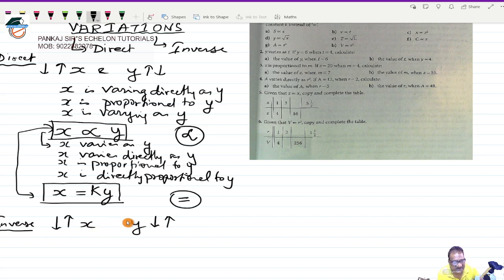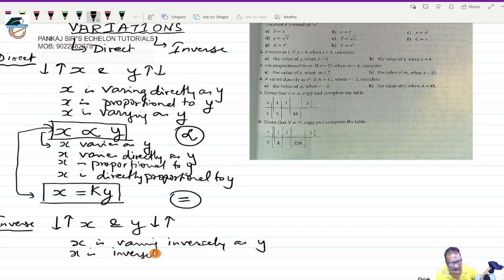When this is happening between the two quantities, we say that x is varying inversely as y, or it can also be written as x is inversely proportional to y. Here you have only these two phrasings: x varies inversely as y, or x is inversely proportional to y.